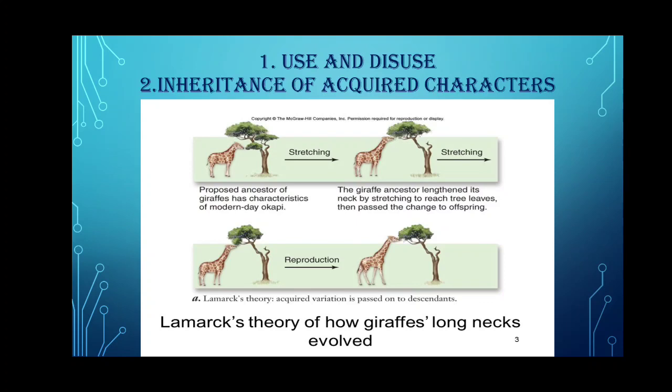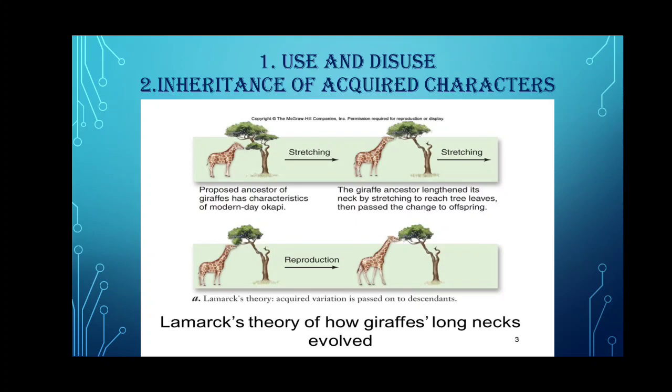The use and disuse of organs states that parts of the body that are used extensively become larger and stronger, while those that are not used deteriorate. He explained this by taking the example of a giraffe. Lamarck suggested that the giraffe evolved from ground-feeding herbivores.